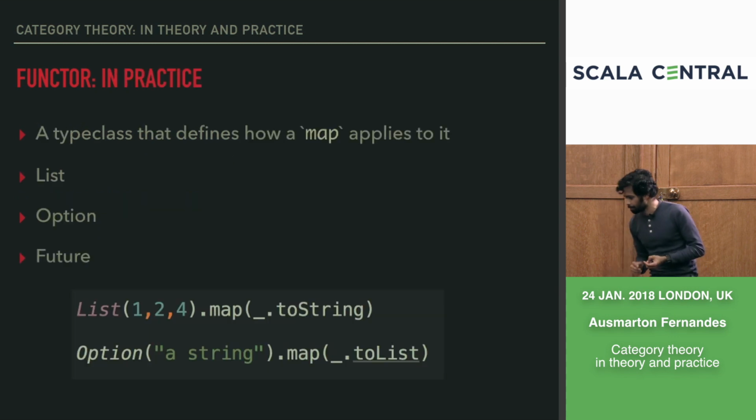So functors are not new to us. It's something we've probably seen right from the time we've started working with Scala. Some common examples are lists, options, futures, and this is not something you need to use a library like Cats or Scalaz to work with.